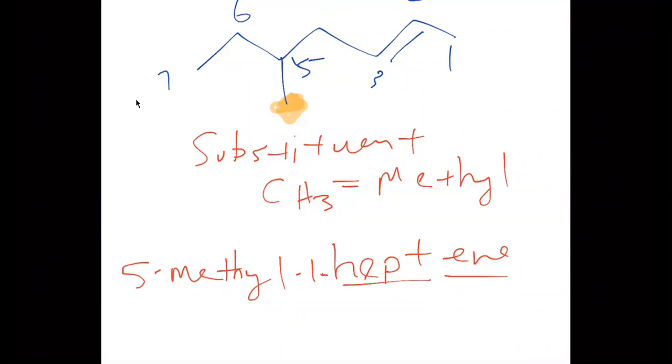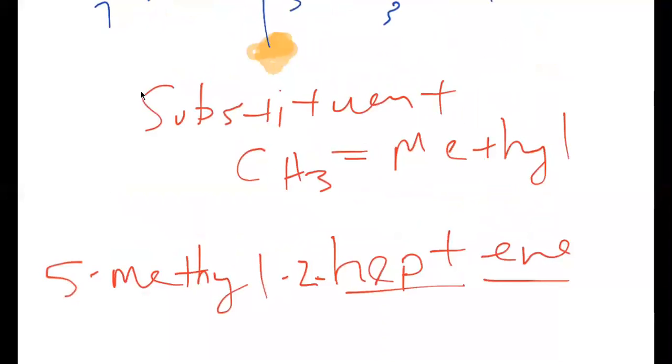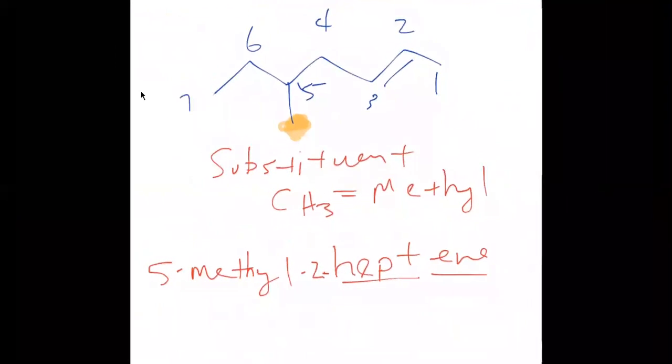The 1 again, no, I'm sorry, not 1, 2-heptene, because it's between 2 and 3. 5-methyl-2-heptene. Again, the number 2 is telling me the location of my alkene. It's between 2 and 3, but I always give it the lowest number. So that's why I called it 2-heptene, right?